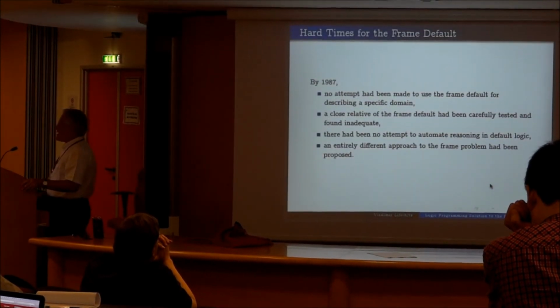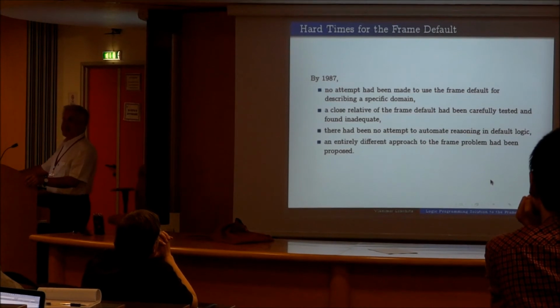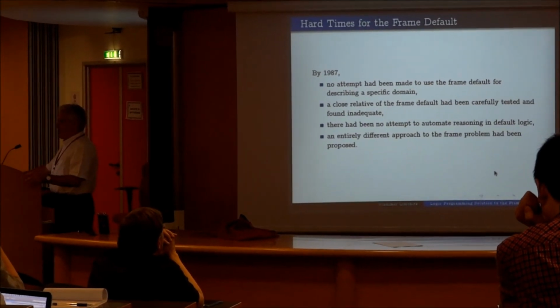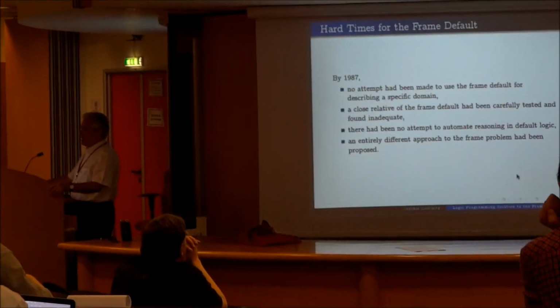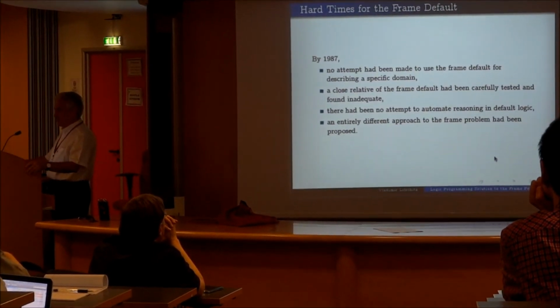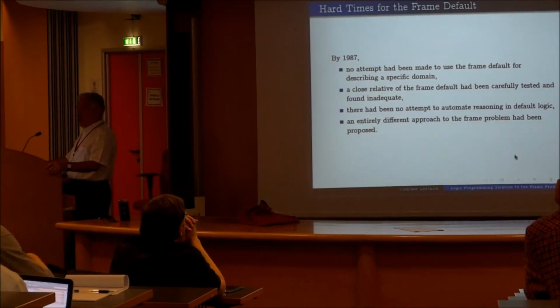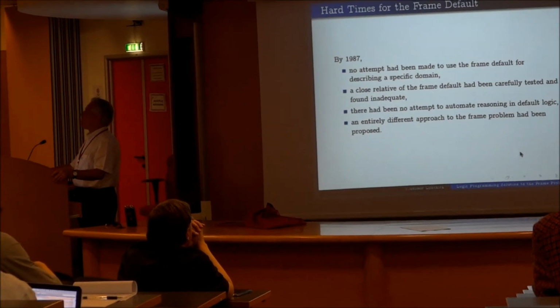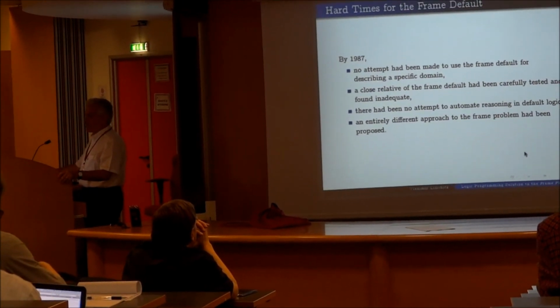1987 was a particularly unpleasant time for the frame default. Just as in 1980, no attempt had been made by that time to use the frame default for even a toy domain. Its close relative circumscription, for which this has been done, was found inadequate because of the Yale shooting example.